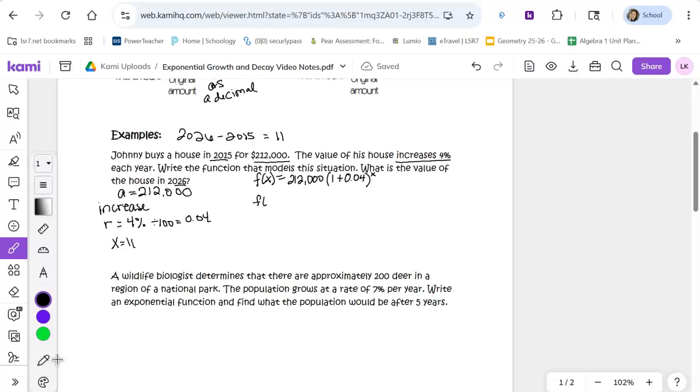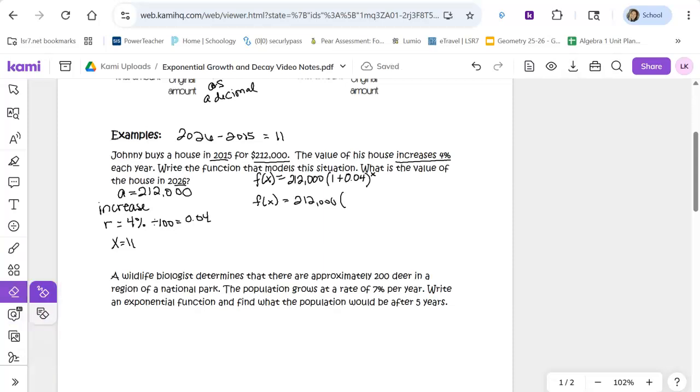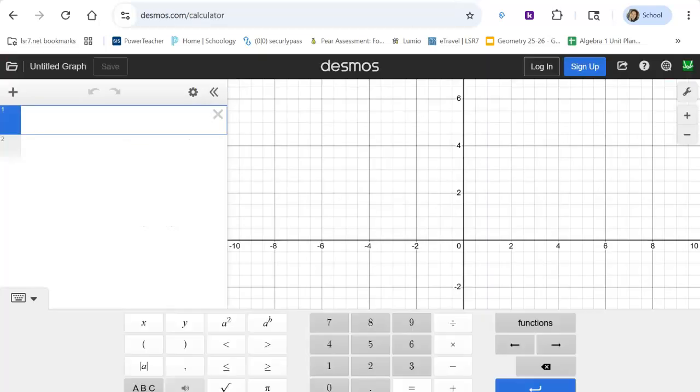So you have f of x equals 212,000 times 1 plus, I'm going to go ahead and add those together, so it would just be 1.04 to the 11th power. So to find out the value of the house, you put that in your calculator. So we're going to use Desmos for this purpose, and I'm going to have 212,000 parentheses 1.04 end parentheses to the 11th power.